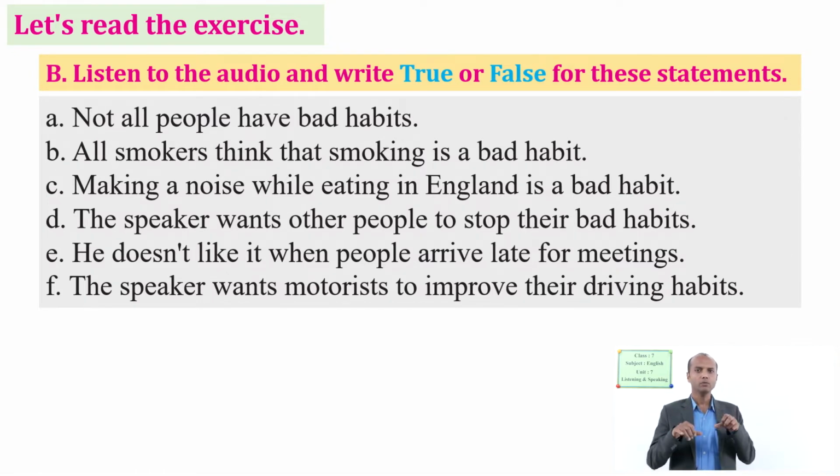They are the people who drive motors, and they have to improve their driving habits. So these are the 6 sentences that you have to decide, either correct or incorrect, true or false, and write T or F. Later on you can make notes using the entire words, true or false. Is that fine? If so, let's move on to the listening section.